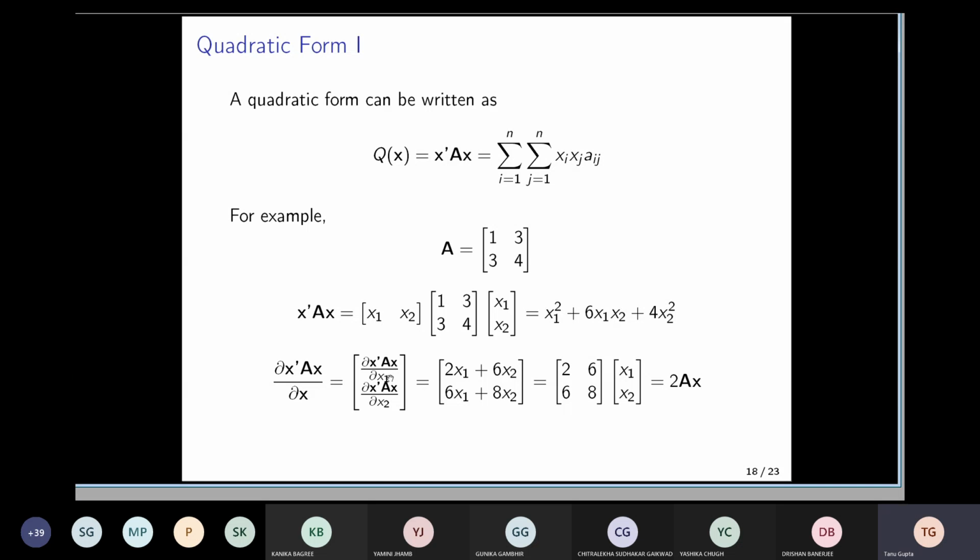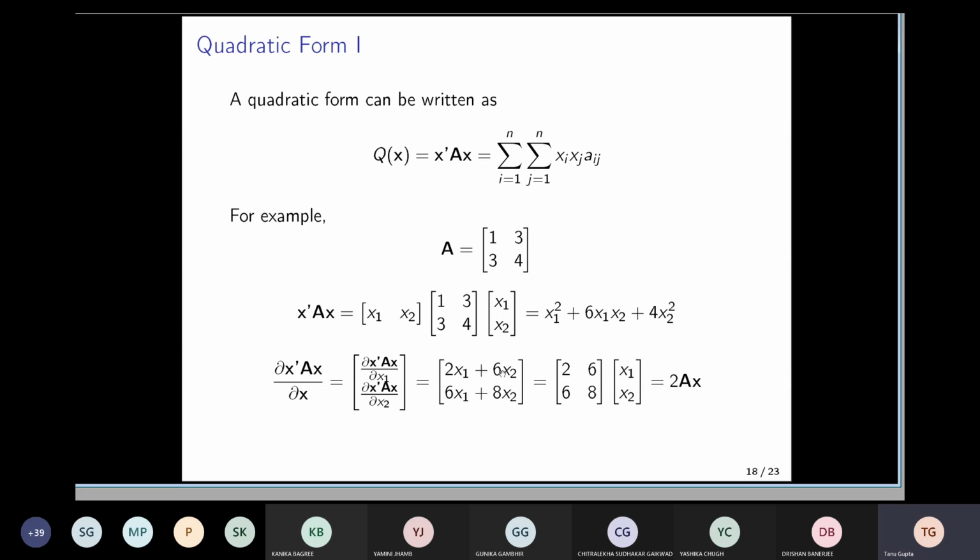Okay. So just find the first element. I am differentiating this quadratic form with respect to x1. So it means 2x1 plus 6x2, and this will be 0. And if I differentiate this with respect to x2, then it will be 6x1 plus 8x2, because this will be 0.